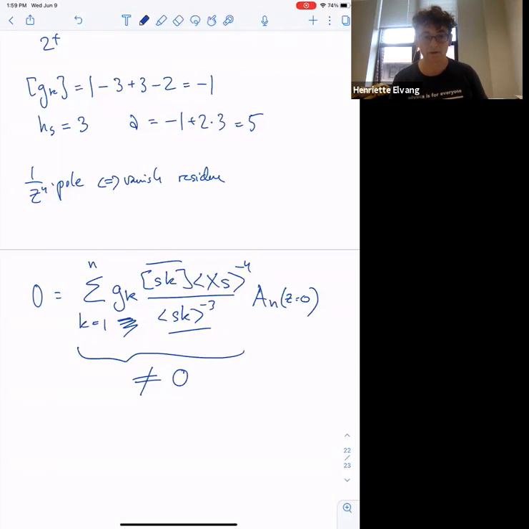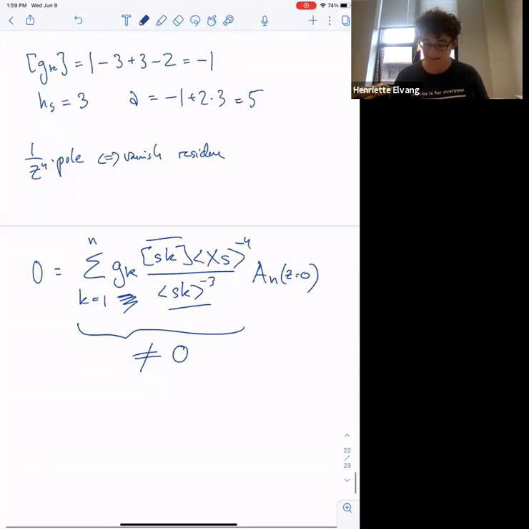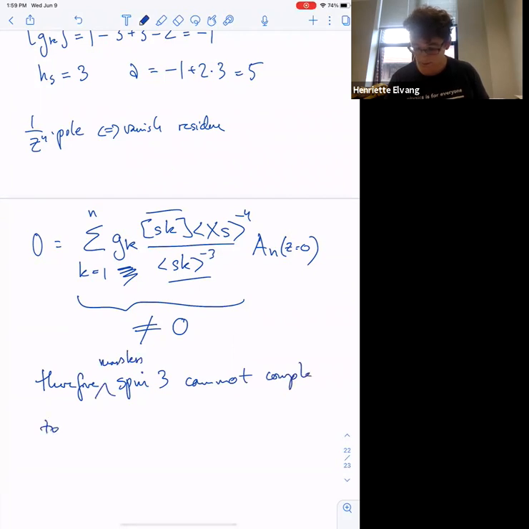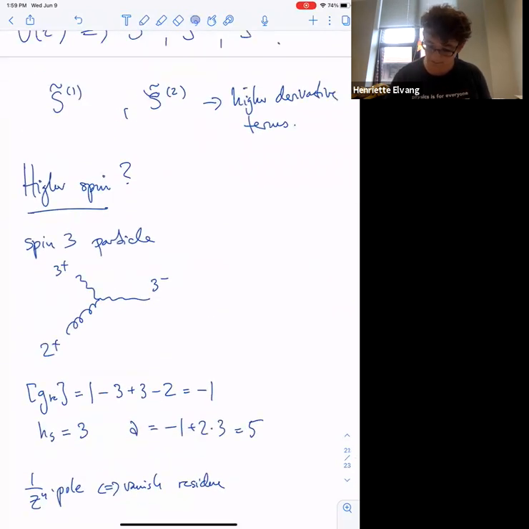So this is generically always non-zero. And therefore, I can conclude that massless spin 3 cannot couple to spin 2 via an interaction of this form here.